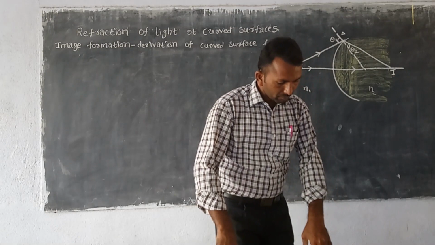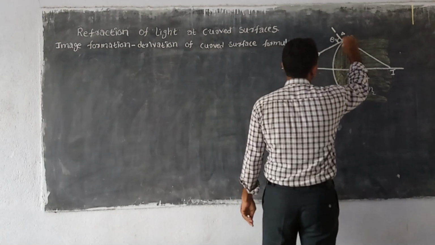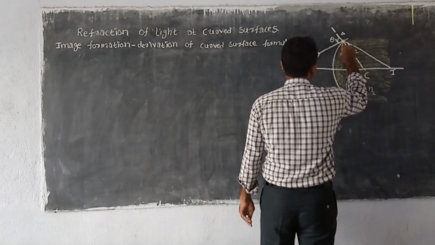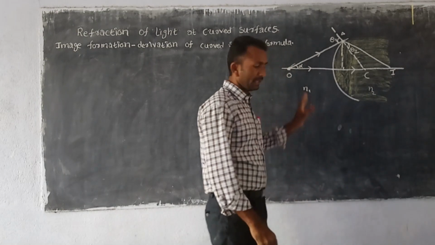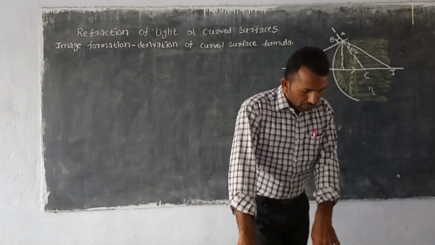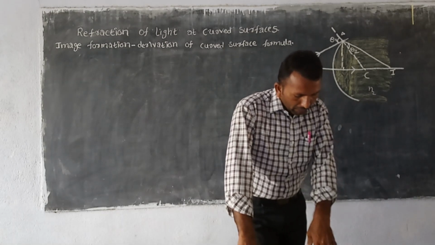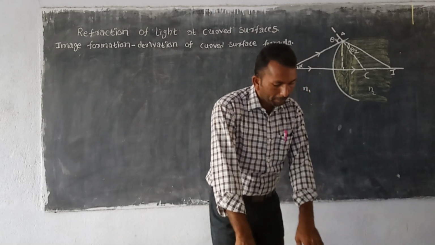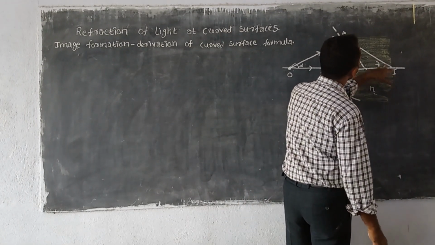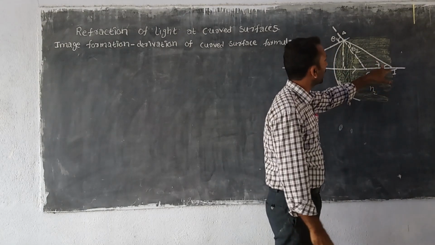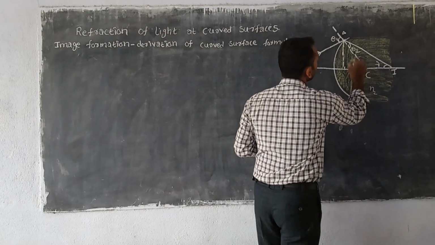Let this be the center of curvature, and draw a normal line towards the principal axis from the intersecting point A. Let the angle of the second refracted ray with the principal axis be gamma, and the angle between the normal and the principal axis be beta.